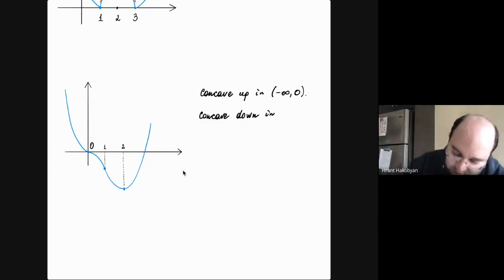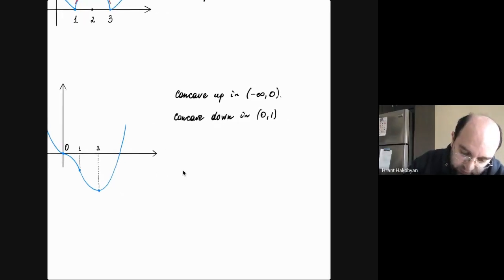Okay, so it's concave down in 0 to 1, and then on this interval here, from 1 to 2, and then from 2 to infinity, it is concave up. So it's concave up all the way from 1 to infinity.